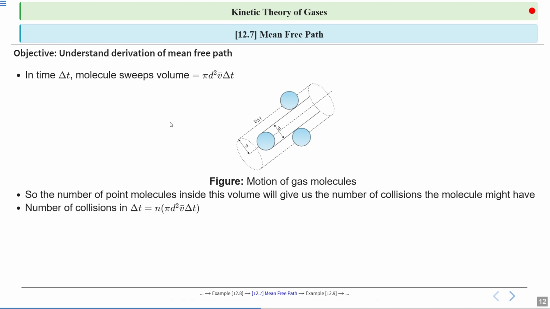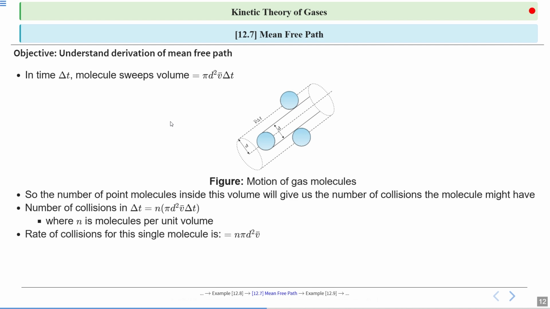This equation is fundamental as it links the physical movement of molecules to the probability of collisions. n is the number of molecules per unit volume. This is a key factor in determining how often collisions occur, as a higher concentration means more frequent interactions.